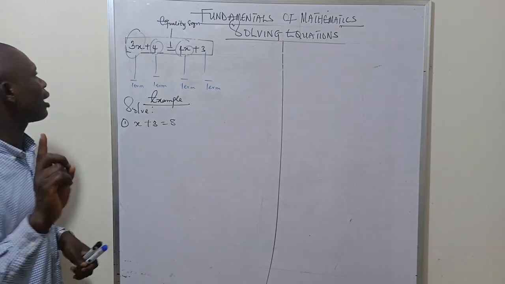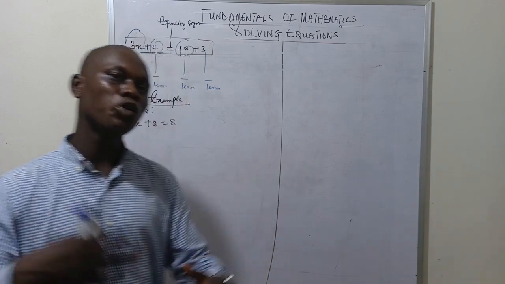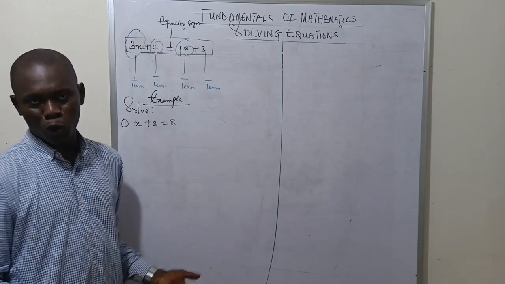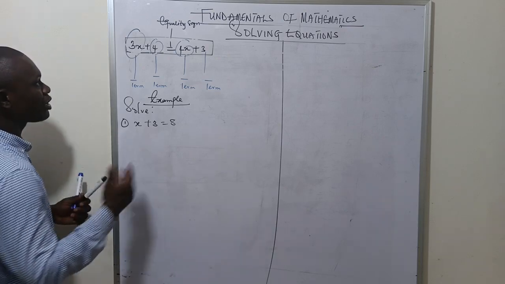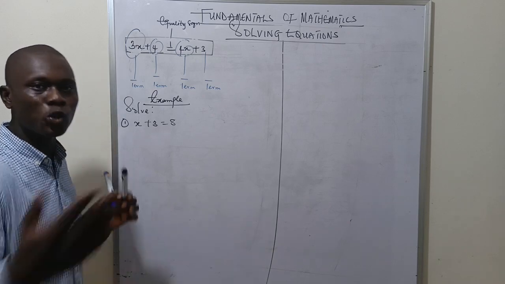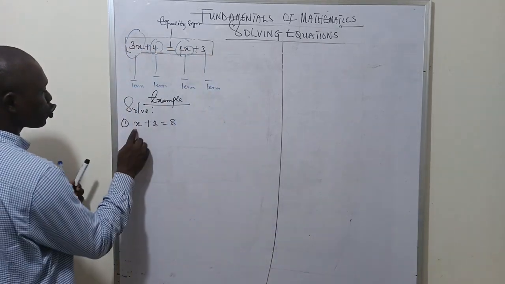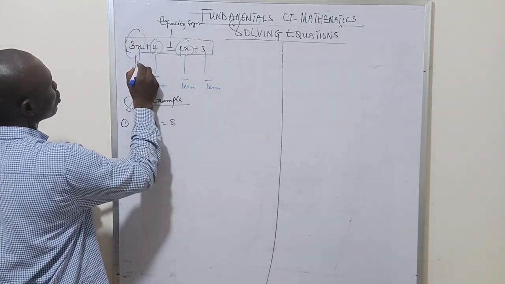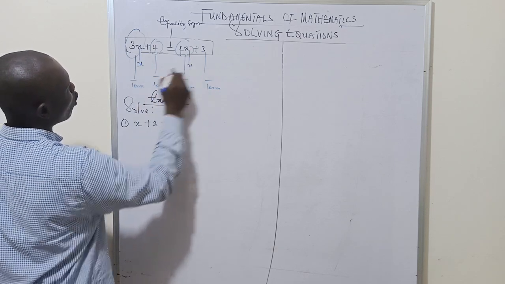Now look at this, you need to know that in most of these equations you will always be given an unknown, or more than one. Sometimes it's one, sometimes it could be 2, sometimes it could be 3. What do I understand by the unknown? The unknown is usually denoted with alphabets.